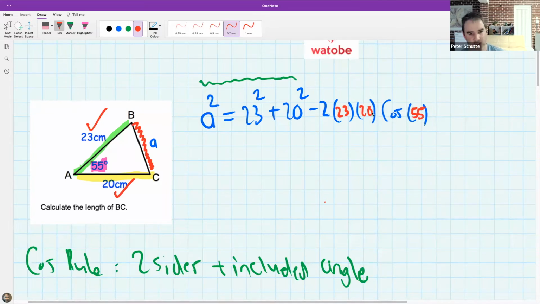So as we start today and get used to this new tool called the cos rule, it is very helpful in the situation where you have two sides and the included angle. Today we're learning how to find that third side. Now, I want you to work out in the chat what a squared is going to be.